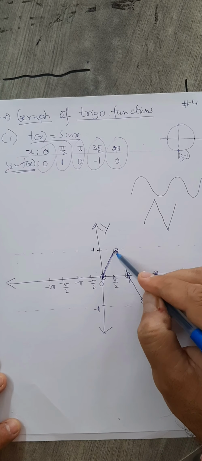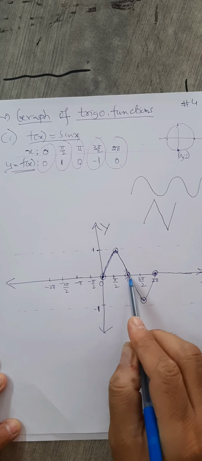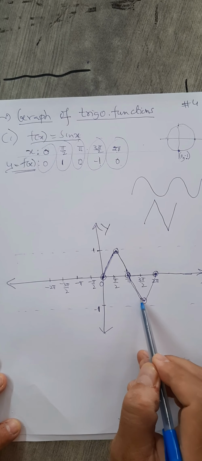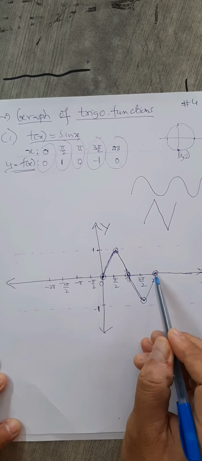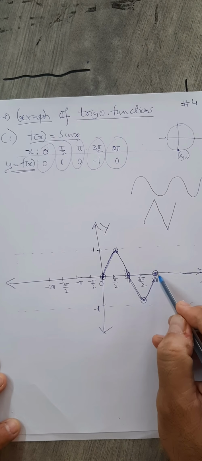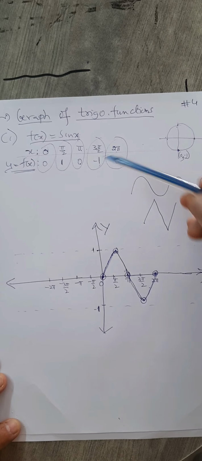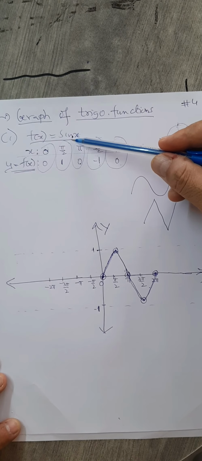Second quadrant, the graph comes down, it's a decreasing function. Pi to 3 pi by 2, which quadrant? Third quadrant, the graph comes down, it's a decreasing function. 3 pi by 2 to 2 pi, which quadrant? Fourth quadrant, the graph goes up, so it's an increasing function. So in the first and the fourth quadrant, sine is an increasing function.